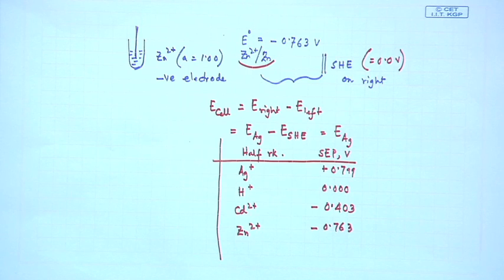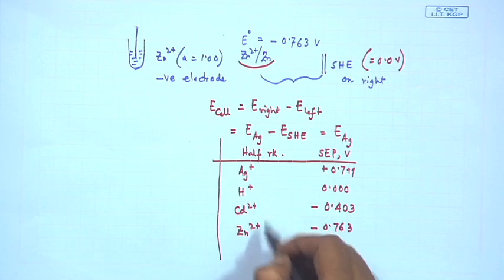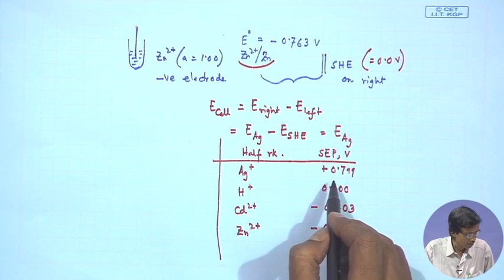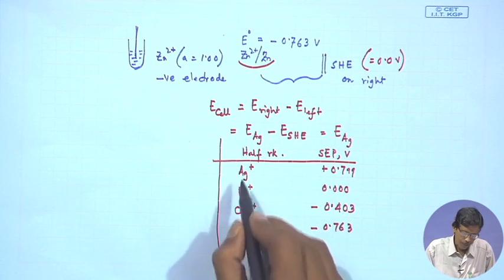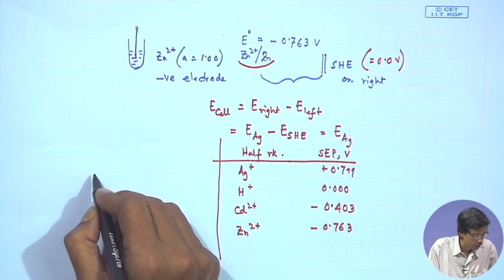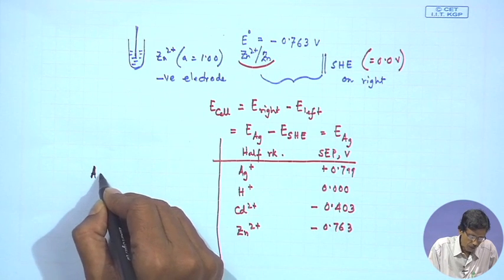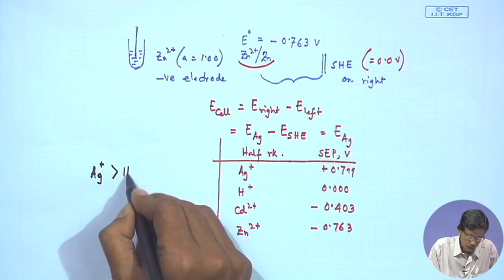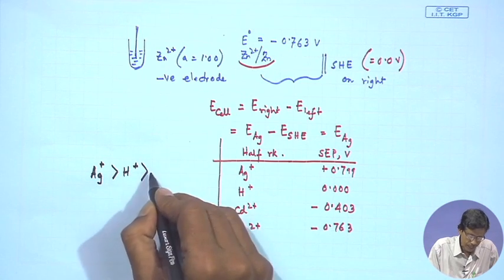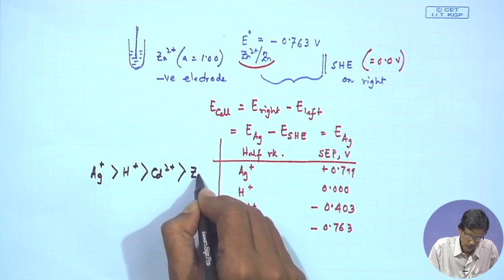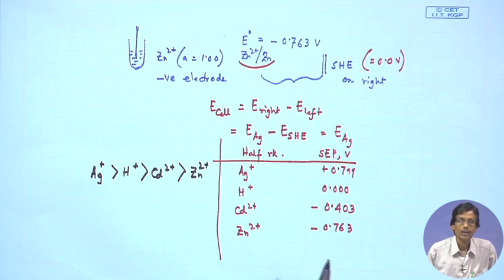So, that also gives us the qualitative picture from the reaction itself. What we have found out earlier is the ordering. You have the potential of 0.799 volt, and this also tells us the same ordering we found earlier. That means, silver ion is greater than your proton, is greater than cadmium 2 plus, is greater than your zinc 2 plus.